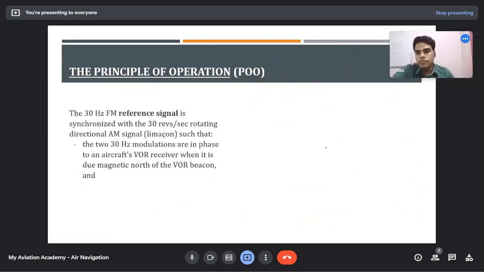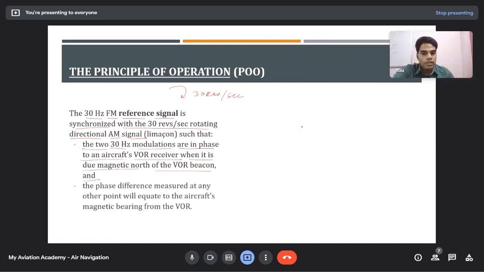All right. So as I discussed, the 30 hertz frequency modulated reference signal is synchronized with the 30 revolutions per second rotating directional AM signal. So that thing which I was telling you is rotating, it is 30 revolutions per second, whereas the reference signal is present. The 30 hertz modulations are in phase at an aircraft's VOR receiver when it is due magnetic north of the VOR beacon.